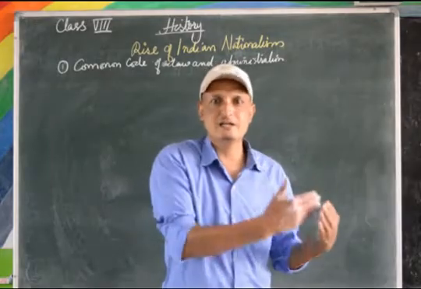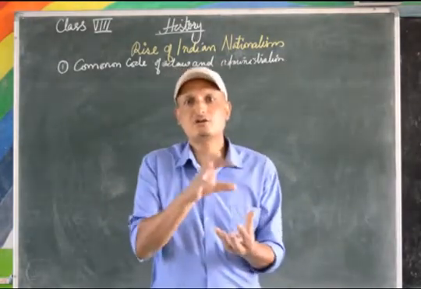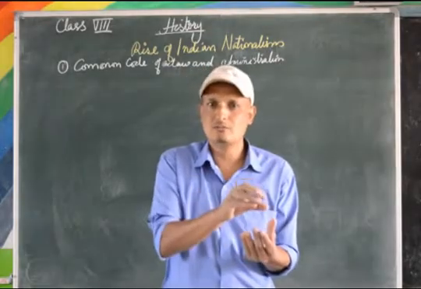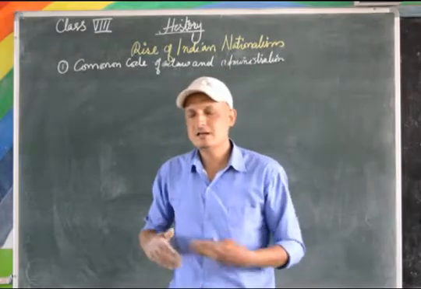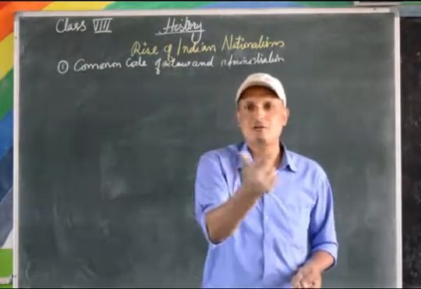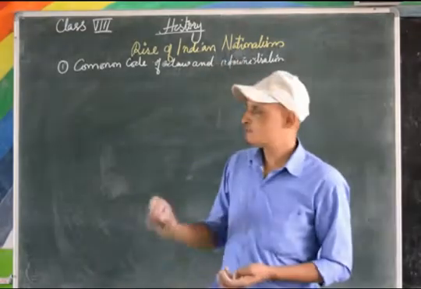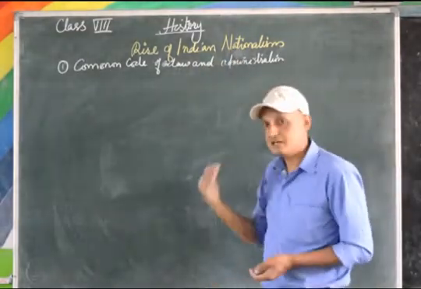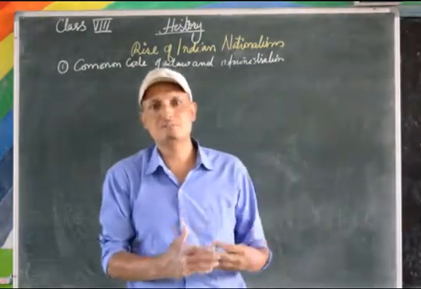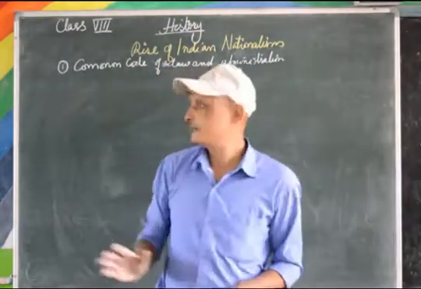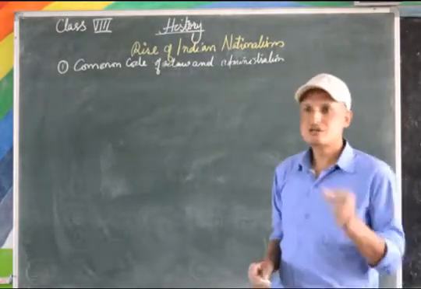They get a feeling that all of them share a common goal, a common platform. They understand that they have a common identity as Indians, and thereby the spirit of nationalism begins, and they start feeling that they have to do something for the country. So that is the effect of common code of law and administration.